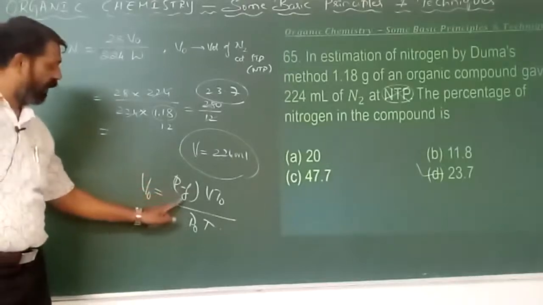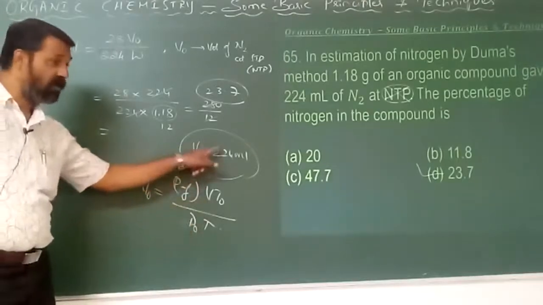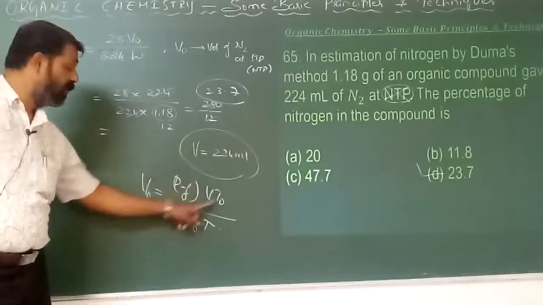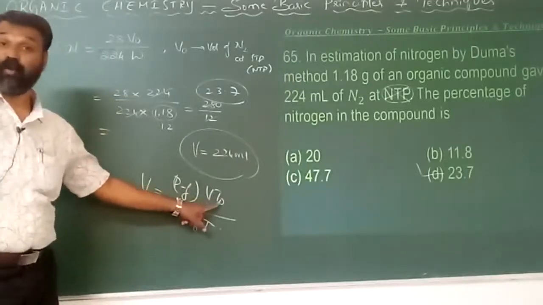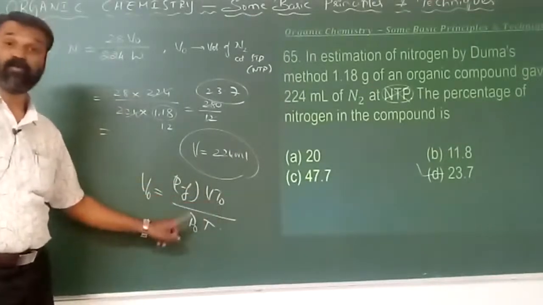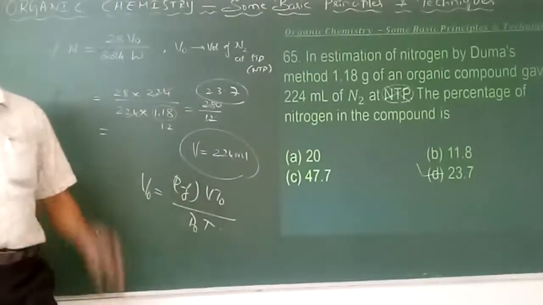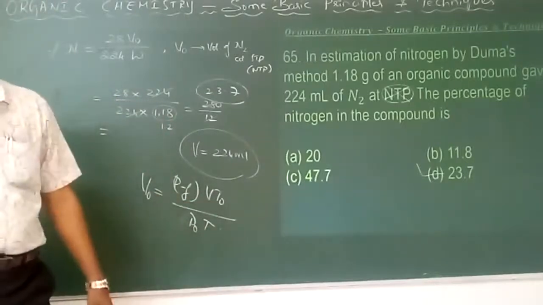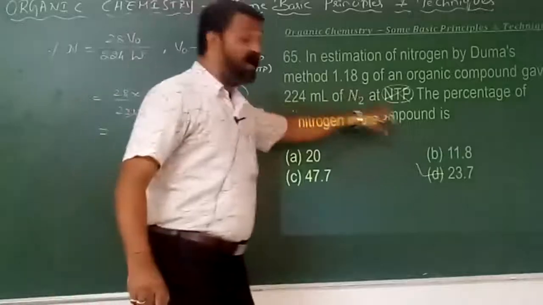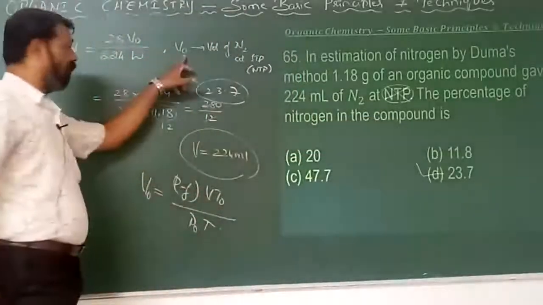Here P is the laboratory pressure, f is the aqueous tension, and V0 is the volume of nitrogen at STP. T0 is the standard temperature, that is 273 Kelvin. P0 is the standard pressure, that is 1 atmospheric pressure, and T is the room temperature of the laboratory. But if NTP is already given, it is directly used.